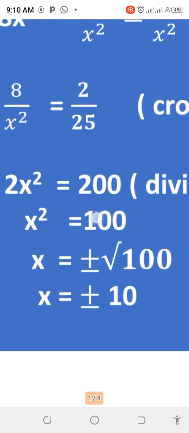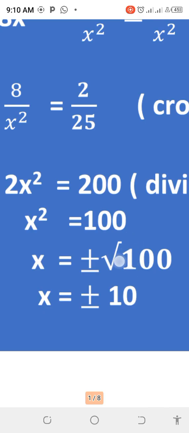So x squared is equal to 100. That means you take the square root of both sides of the equation, so x is equal to the square root of 100. And the square root of 100 is plus or minus 10. So the answer is going to be plus or minus 10.